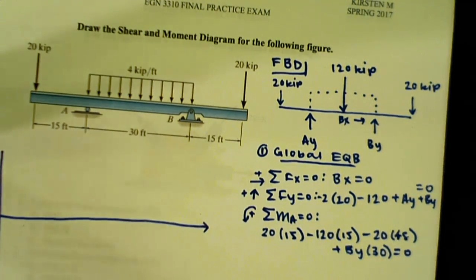So on the Study Union site, I have a sheet with relationships that you can see, and for every single problem like this, you will be able to know immediately what the graph is going to look like.